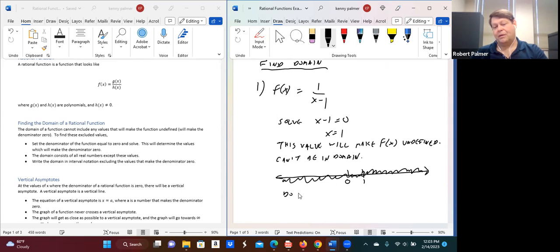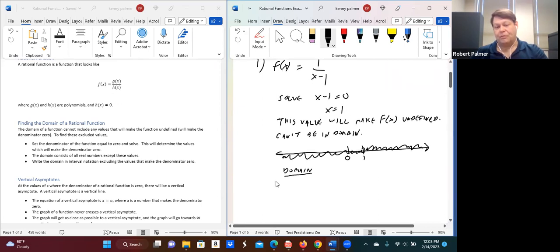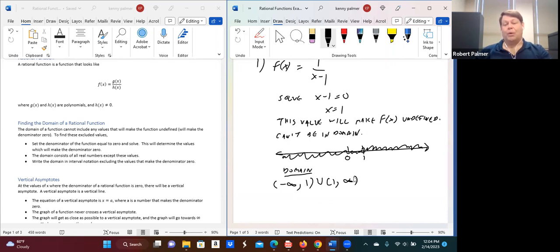So our domain in words is just all real numbers except 1. But if you write it as an interval, it goes from negative infinity to 1, with 1 not included as an open circle, and then starting at 1, with 1 not being included, to infinity, and then the union sign in the middle. So in intervals, that's a way of saying all real numbers except 1. So that's our domain.